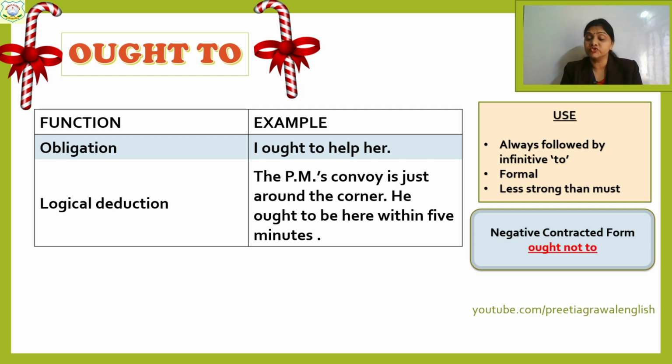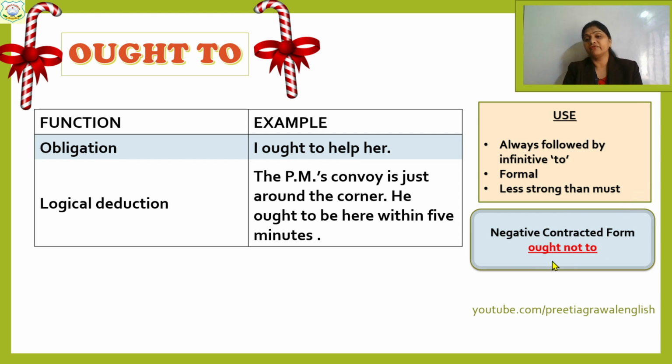When you have to choose between must and ought to, you will use must for cases which are very much compulsory. But for something which is less compulsory, you can use ought to. Clear? So it is less strong than must.